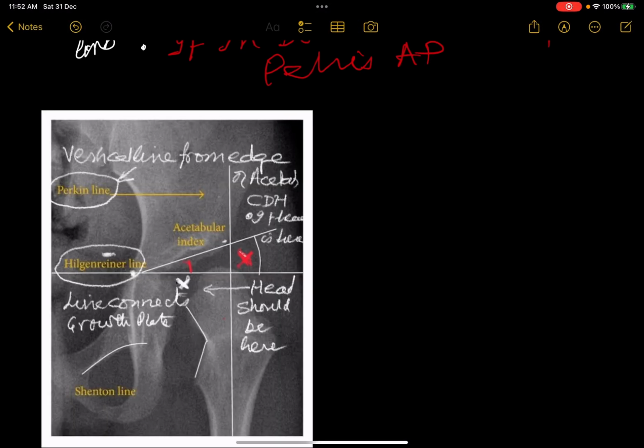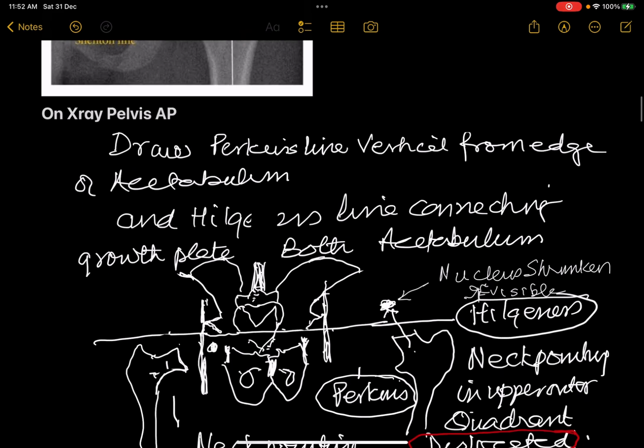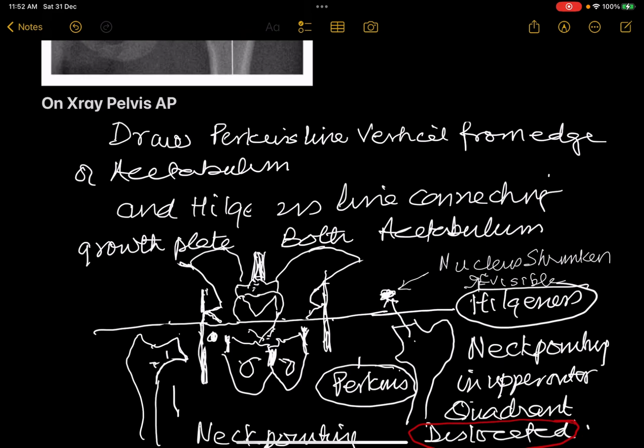After this, the first thing you do is draw the Perkins line, which is vertical from the edge of the acetabulum, and the Hilgenreiner's line, which connects the growth plate of both acetabulum.